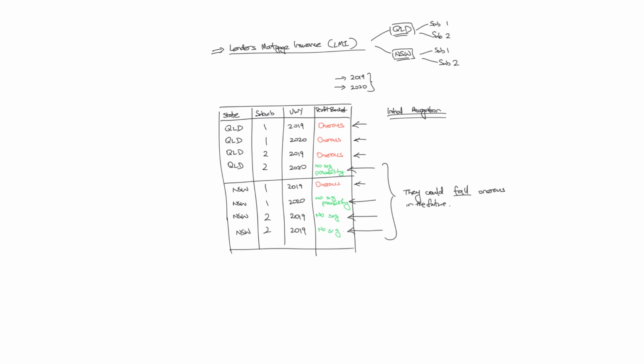And if they do, this actually does not change the groups that they're in. Okay, so these groups over here, these groups are assigned at initial recognition. And once we assign these groups, they don't change.